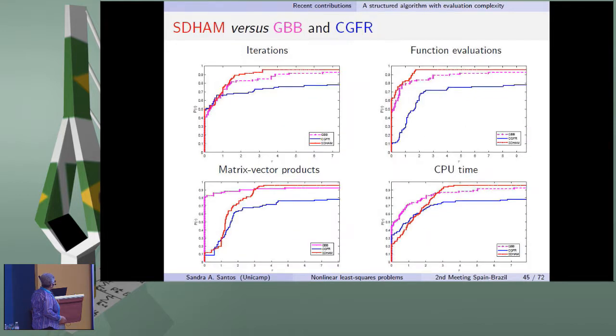When we consider the other two competitors, we also managed to be slightly more robust, solving most of the problems. In terms of iterations, it is kind of a tie, and in this one we lose in terms of matrix vector products, and concerning CPU time, that's the performance. So we are basically more robust than the competitors, but not as efficient in some of the measures.